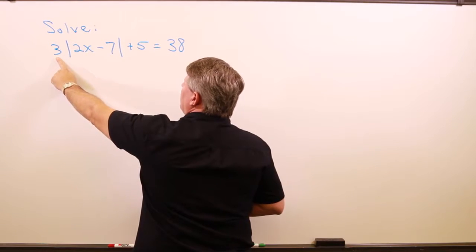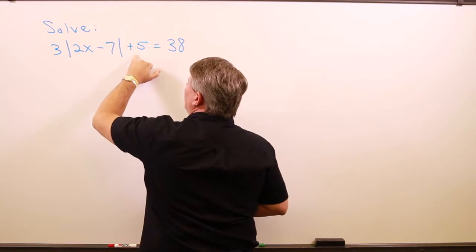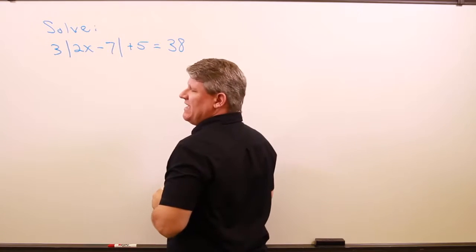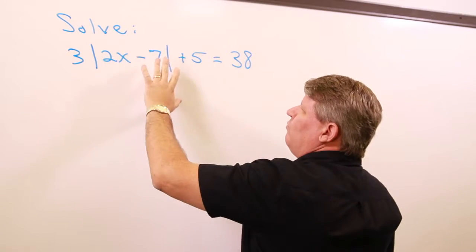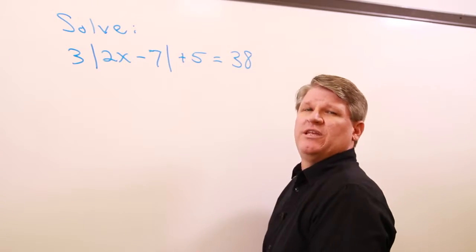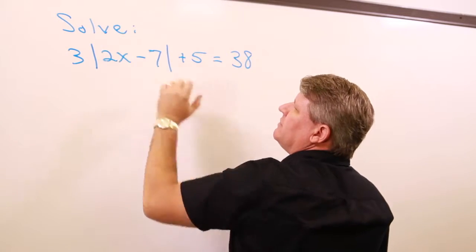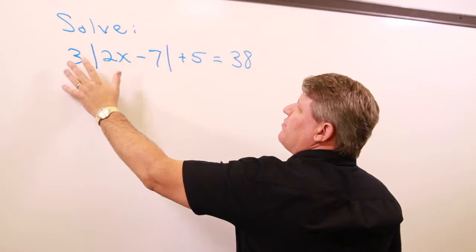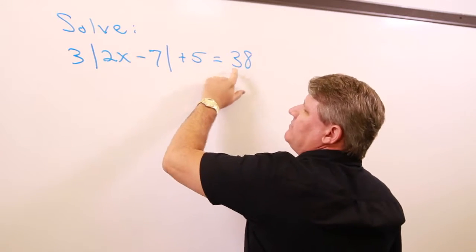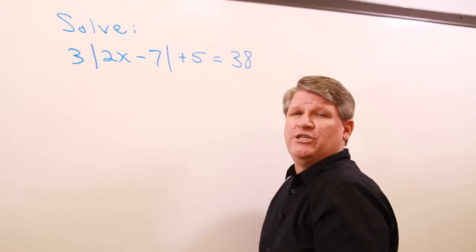In this case, we have our absolute value. It is being multiplied by 3, and we are also adding 5, and that is equal to 38. So really, we're treating this just like a simple linear equation where our variable is just this entire object. If we had 3a plus 5 is equal to 38, what would we do?